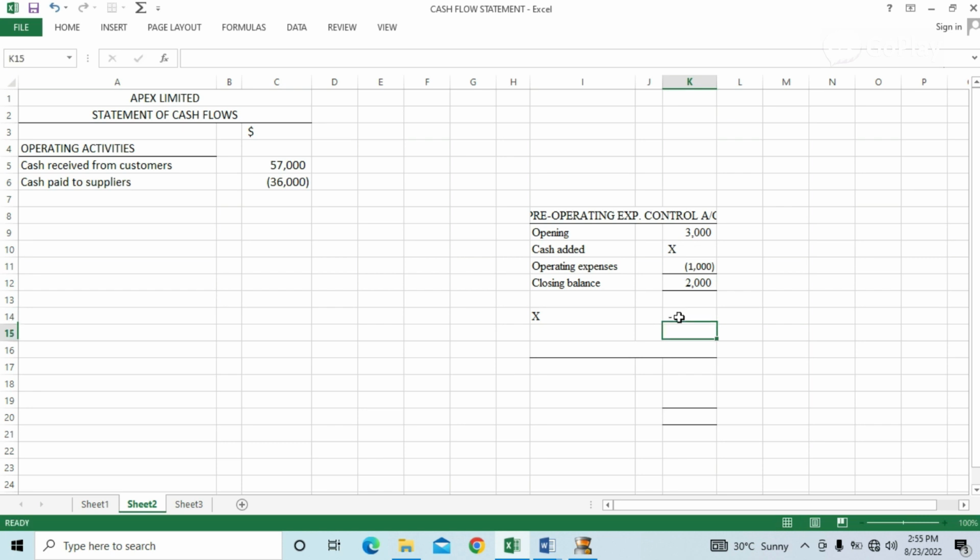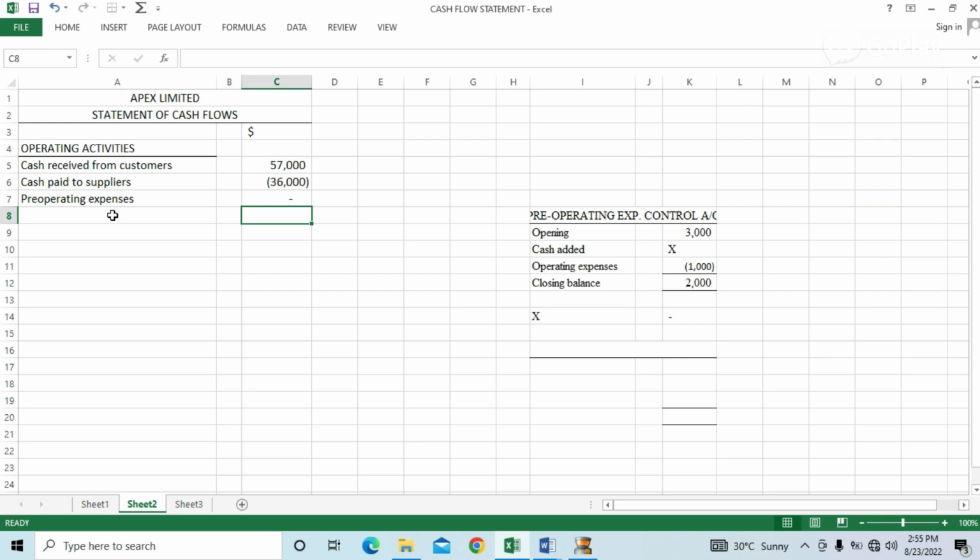So for pre-operating expenses, the firm paid nothing. So it will be minus 0, which is actually a dash.